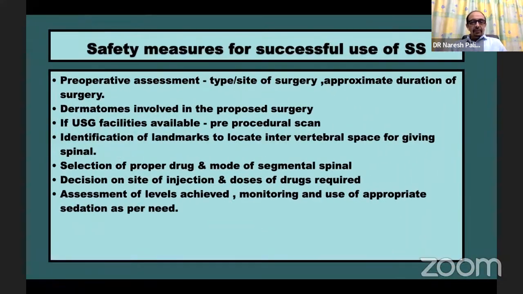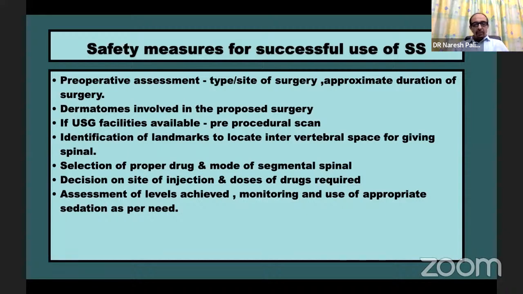Safety measures for successful use of segmental spinal. Preoperative assessment: type and site of surgery, approximate duration of surgery, and dermatomes involved in the proposed surgery. You should know beforehand what the dermatomes are. If ultrasound facilities are available, a pre-procedure scan can be done.